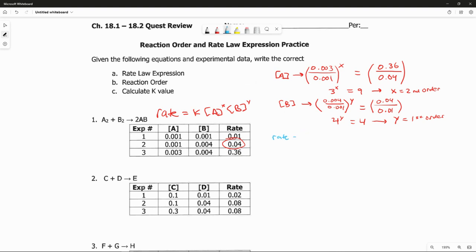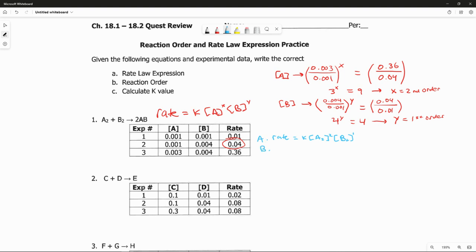Rate equals K times the concentration of A2, because the variable here is A2, to the second order, and the concentration of B2, as stated in our original equation, to the first order. That is our first part.